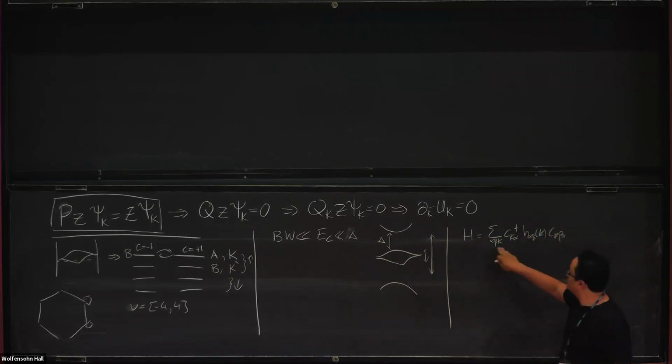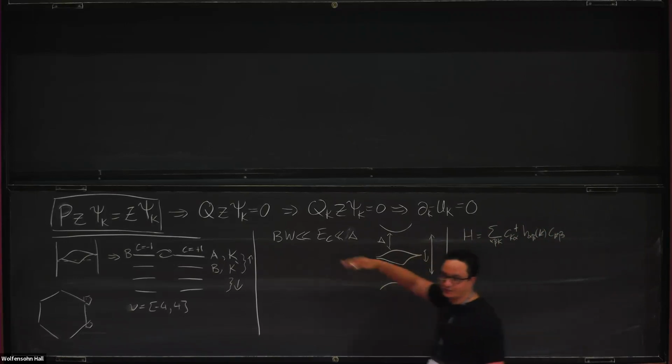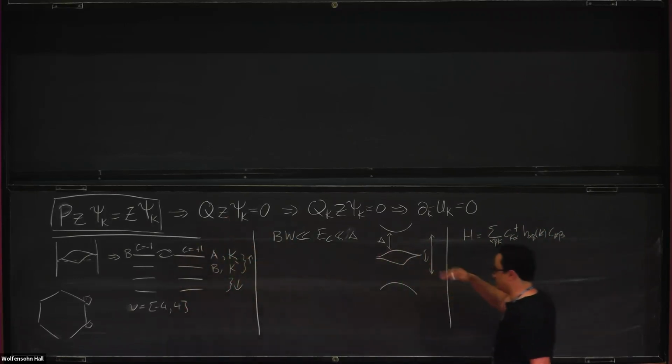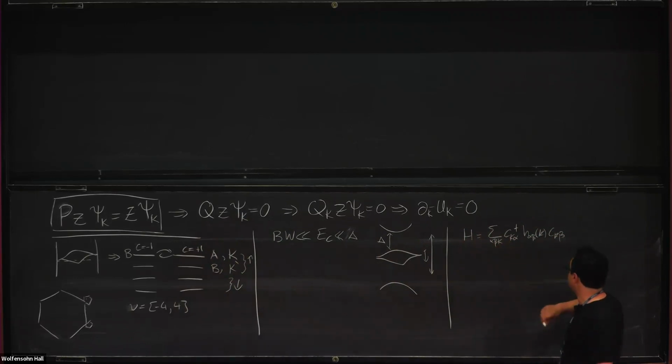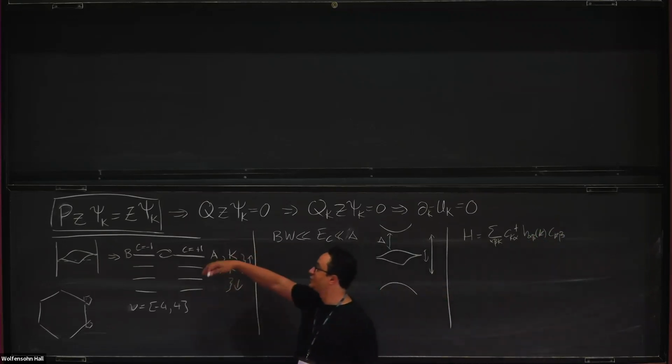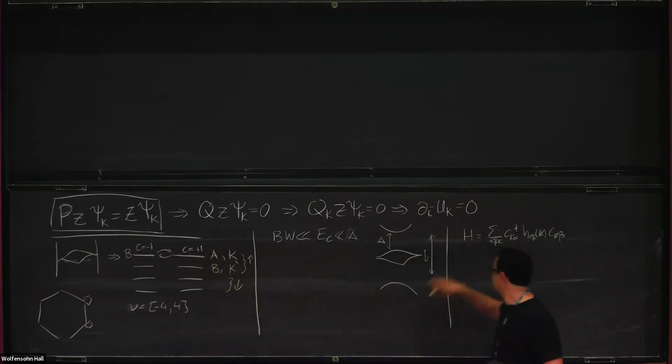Here, alpha and beta are some labels of the 8 flat bands, so it goes from 0 to 7, and k is a Brillouin-zone momentum. And this h alpha beta is just a single particle Hamiltonian. But as I said, I want to allow myself to use a basis where the single particle Hamiltonian is not diagonal. So I'll have it as a matrix.